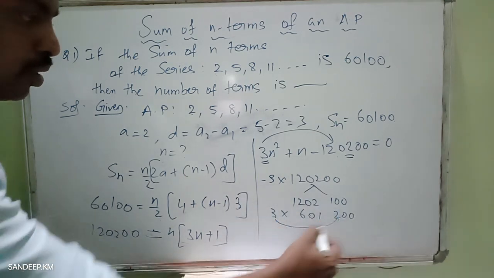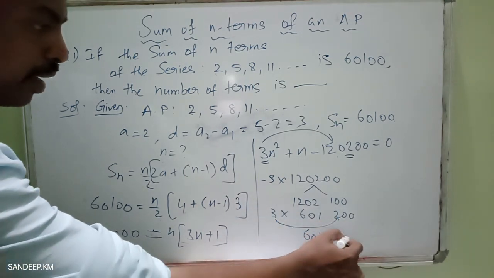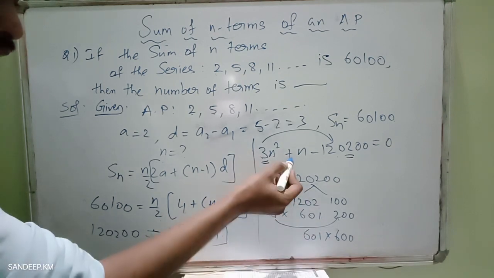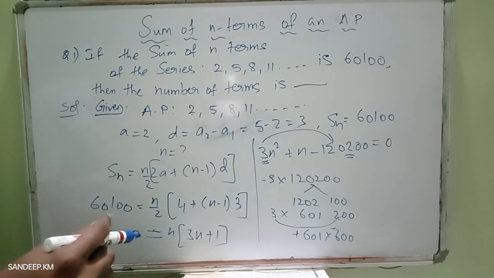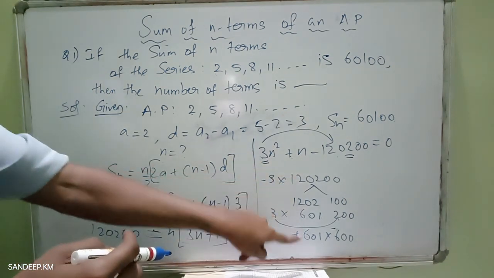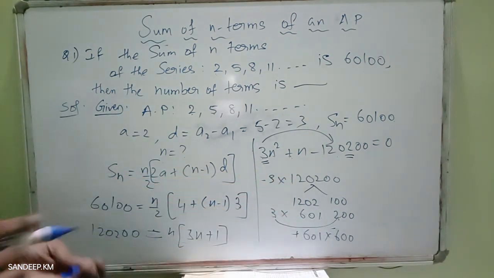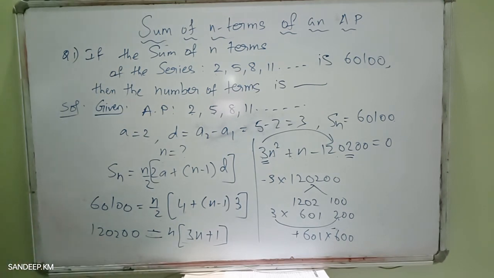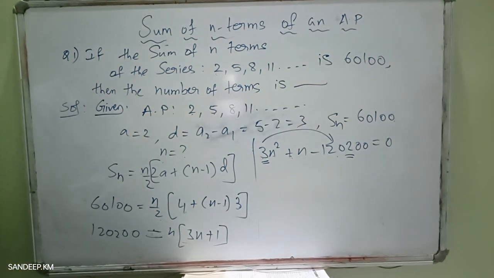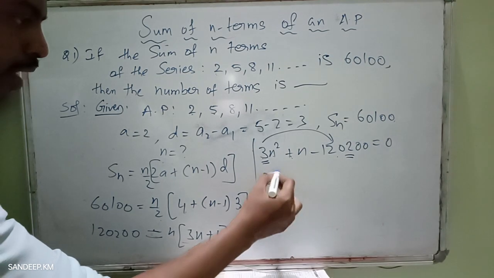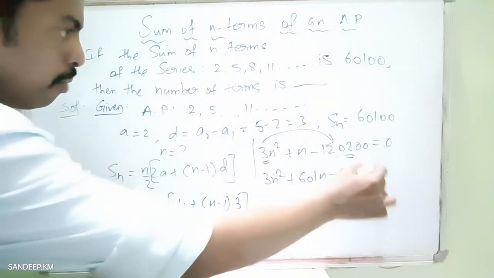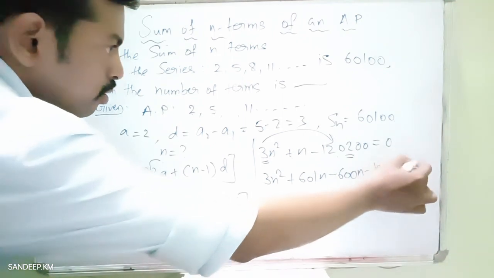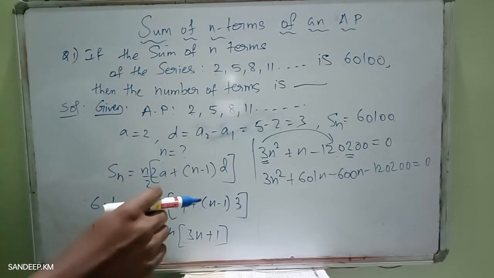I'll pair these two, so 601 into 600. The middle term is positive, so I'll take plus and minus. The middle term can be split as 601n minus 600n. So 3n square plus 601n minus 600n minus 120,200 equal to 0.